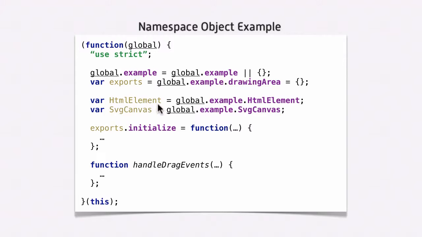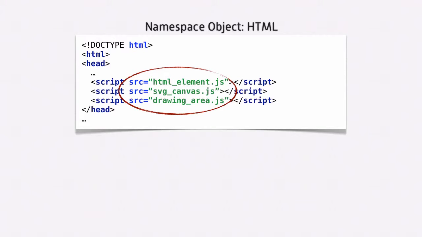Then we import HTML element from our global, and we import SVG Canvas, and then we export our initialize function, which just ends up going at exports, which is global.example.drawingArea.initialize. Then we also define a private function that is only accessible within our module, and we don't export it, so nobody else can see it. An important thing to note about this approach to modularity is that dependencies are entirely manual.